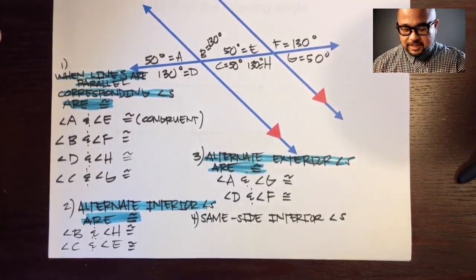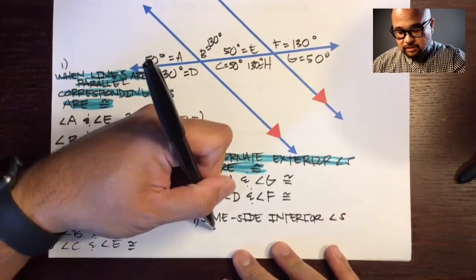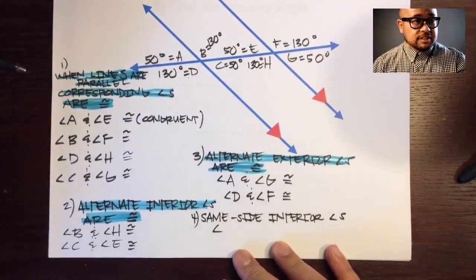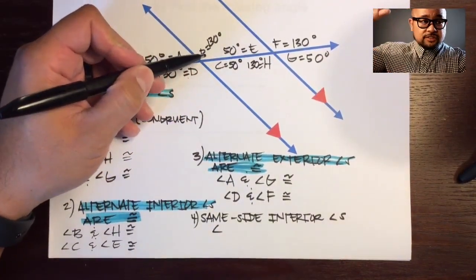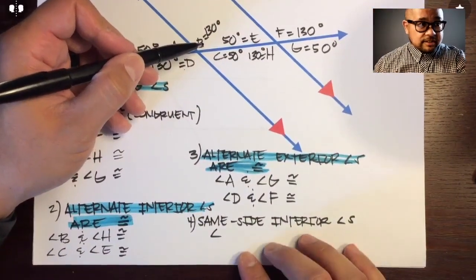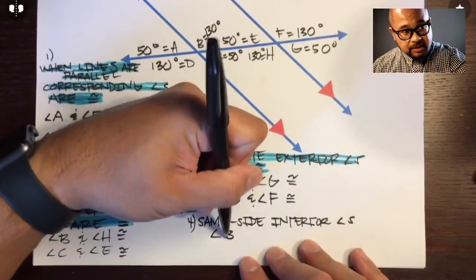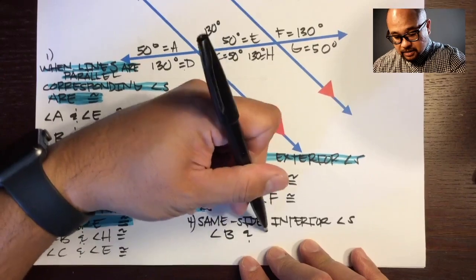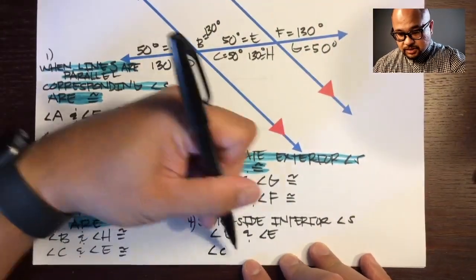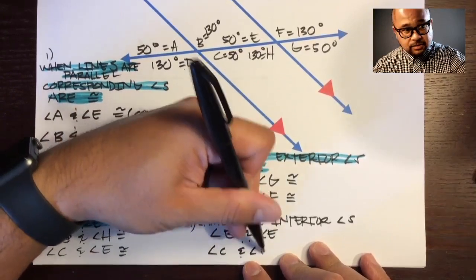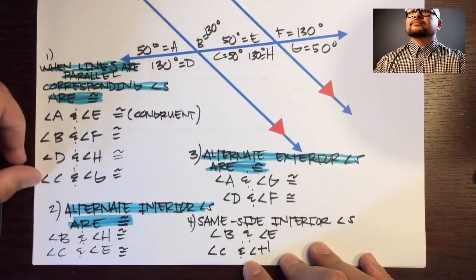Let's first state which ones are same side interior angles. Angle B and angle E are on the same side of the transversal, and they are in the interior. And we've got angle C and angle H.